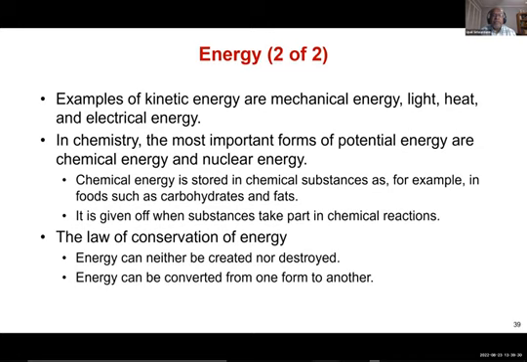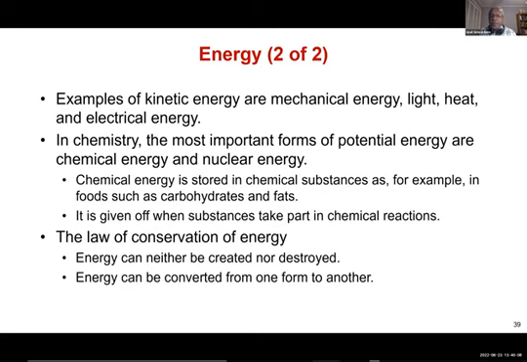Bonds need to be broken by providing energy. Nuclear energy is produced in nuclear reactions where nuclei break up, losing mass of nuclei. An enormous amount of potential energy is released during a nuclear reaction.